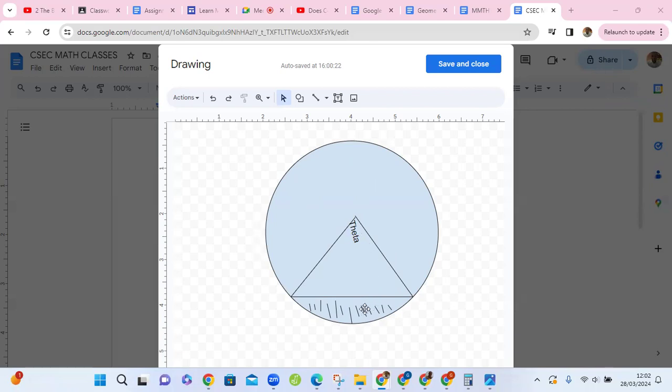That gives us the area of the sector minus the area of the triangle, which will be smaller. That will be half AB, where AB is the length of the two radii. So it will be half r squared, because r times r is r squared, times sine of theta. This difference will give us the area of the segment.